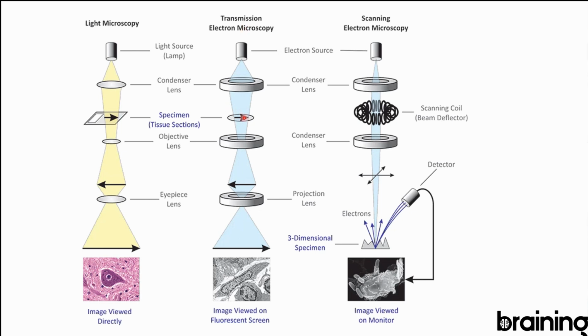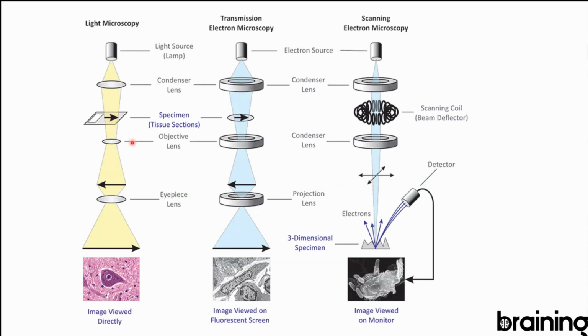But for the scanning electron microscope, we can use a 3D specimen, like a head or a head of a fly or something like that. You probably have seen this 3D reconstruction of different things. Or for example, here we have a cell with bacteria on top, so we can see a 3D reconstruction of any specimen. Okay, so this works completely different.